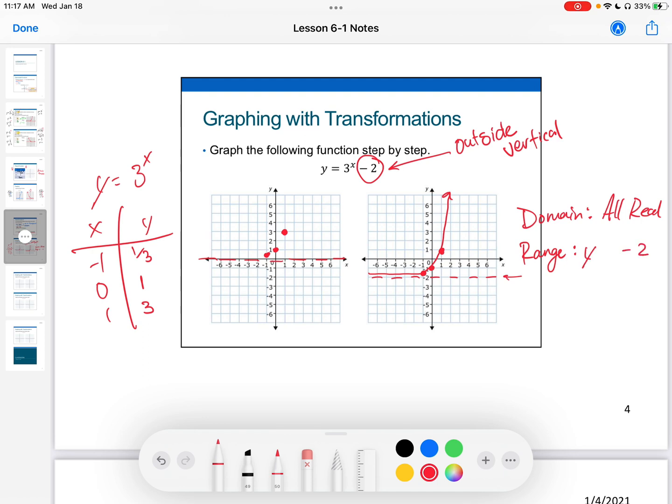Range is still dealing with your y. The lowest y value is -2. So we could say that it's all the y values that are above that. So y is greater than -2. Again, we only do the greater than because it cannot touch that asymptote, but it gets really, really close to it. All right, let's look at another one here.